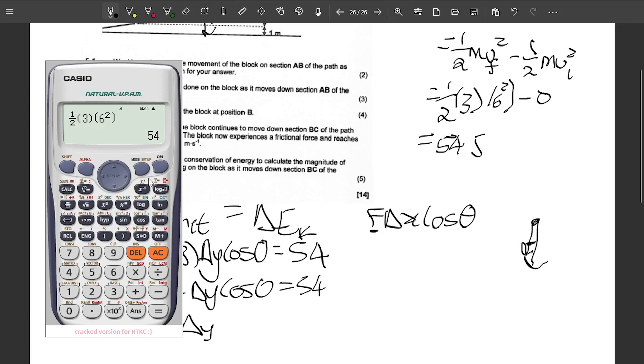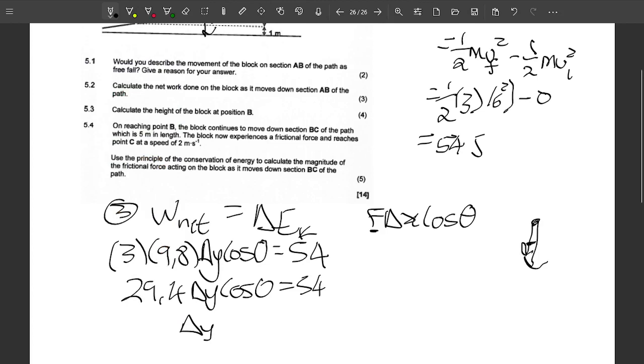Okay, that is a stable 54, and then I'm basically dividing it by 3 by 9,8, which gives me a stable 1,84.